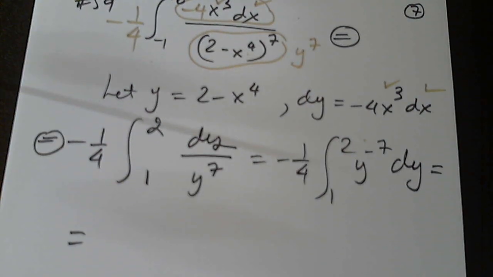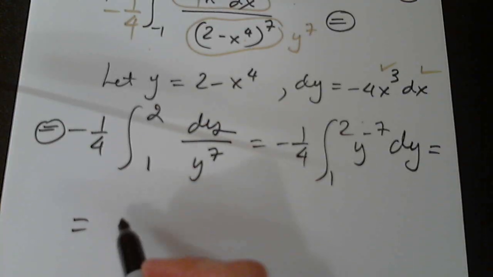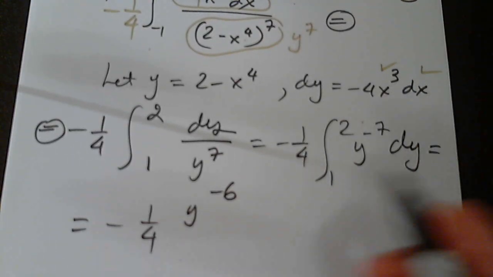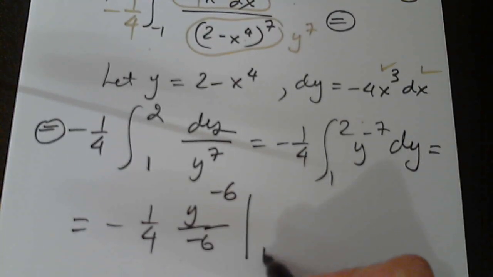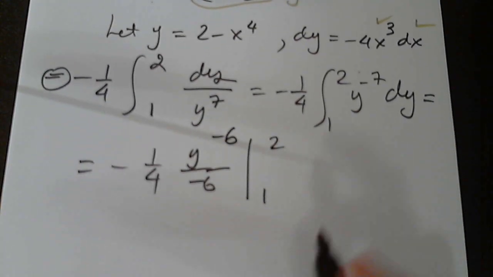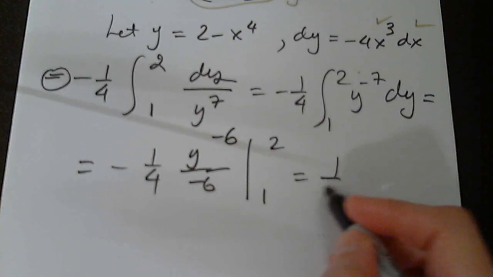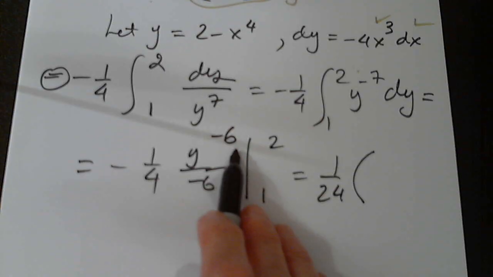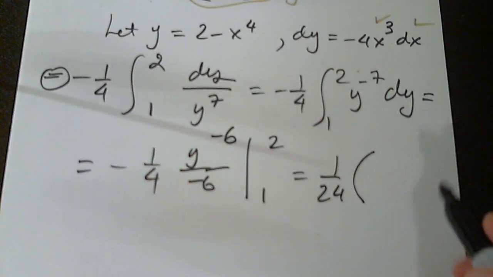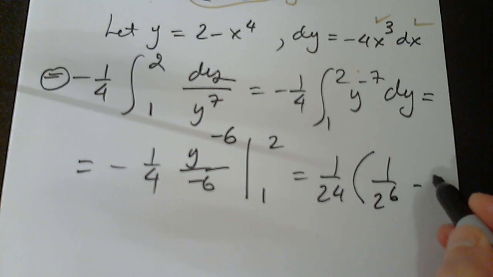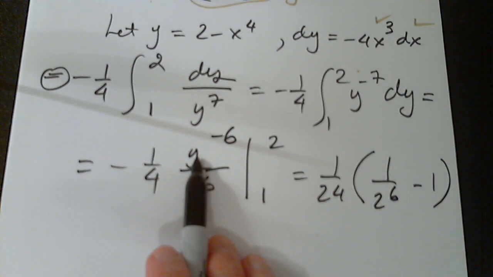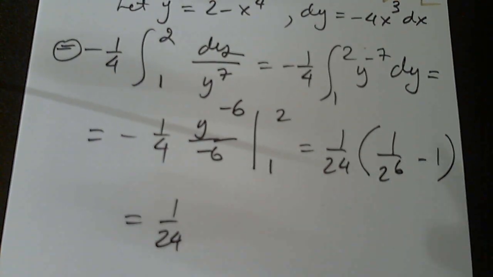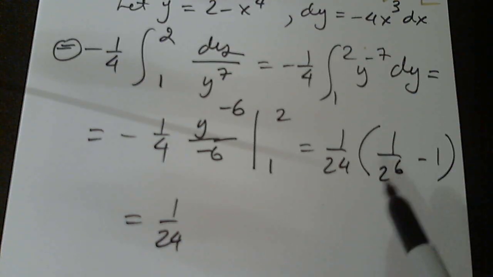For definite integrals, we're not looking back. We're moving forward. So this is y to -6. So -7 plus 1 over -6 from 1 to 2. Clean it up a little bit. 1 over 24. And this is y to -6, or 1 over y to the 6th. 1 over 2 to the 6th minus 1. You can leave it as is, or again, 2 to the 6th is 64.